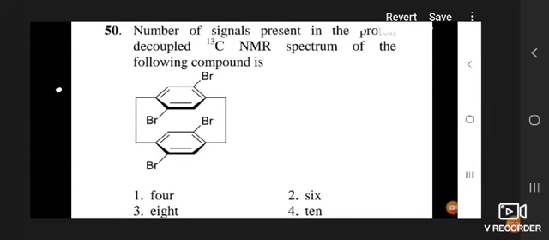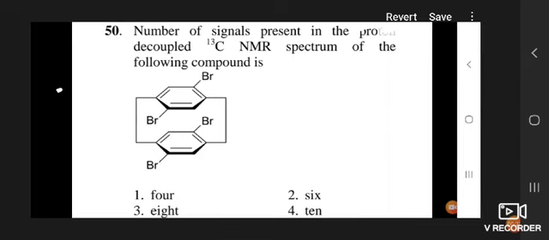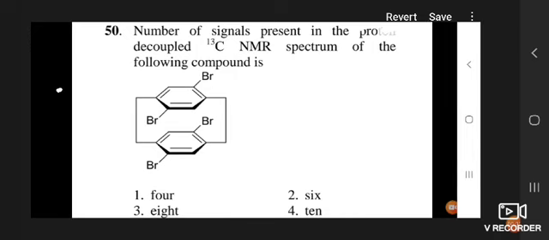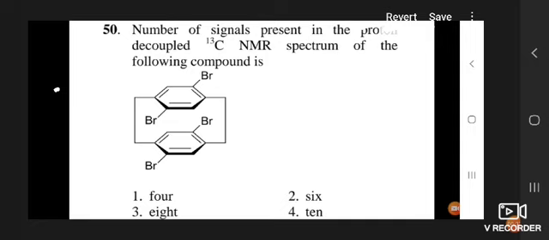Now, take a look at the given problem. Here, the question is: the number of signals present in the proton decoupled C-13 NMR spectrum of the following compound is. Guys, here the proton decoupled C-13 NMR spectrum is given, and the number of signals is asked.